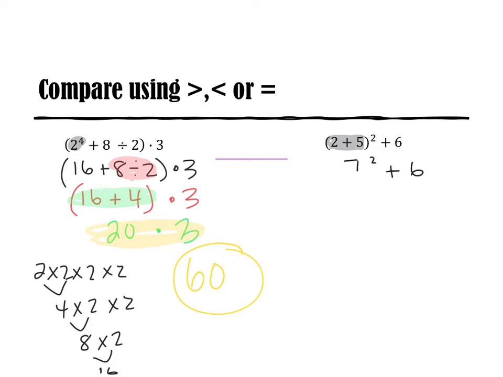We have to do 7 squared here. So remember, that does not mean 7 times 2. That means 7 times 7, which is 49. So this is going to be 49. Let me highlight. That was 7 squared. Okay, and then we're going to bring down what we didn't use, which is our plus 6. And then 49 plus 6 is our last step, which is going to give us 55 as our final answer here.